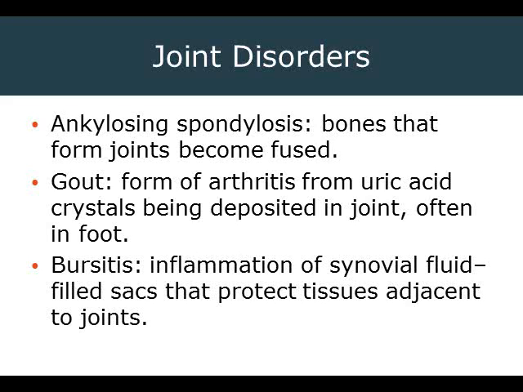Gout is a form of arthritis. It's caused by uric acid being deposited in the joints, typically in the foot, but sometimes it's also in the upper extremities. So basically they have excessive amounts of uric acid that's not being disposed of quite correctly by the urinary system or the renal system.